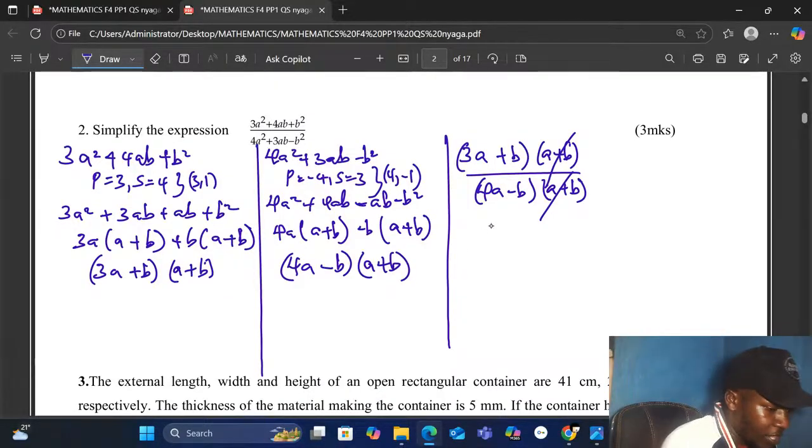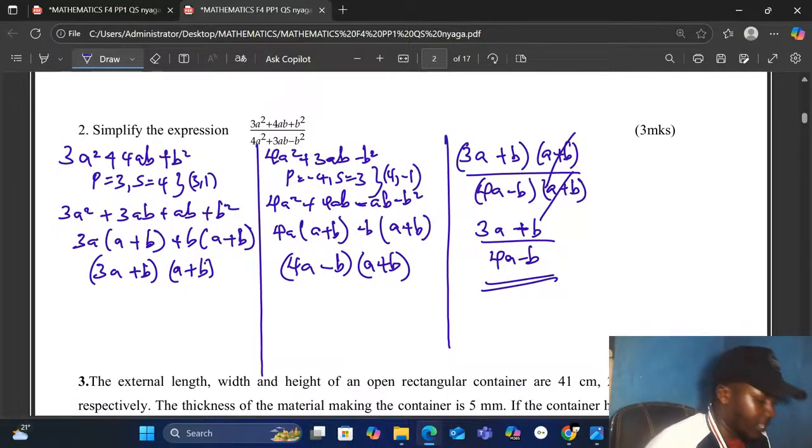Then we remain with 3a plus b over 4a minus b. So this becomes your final answer when you simplify the given expression.